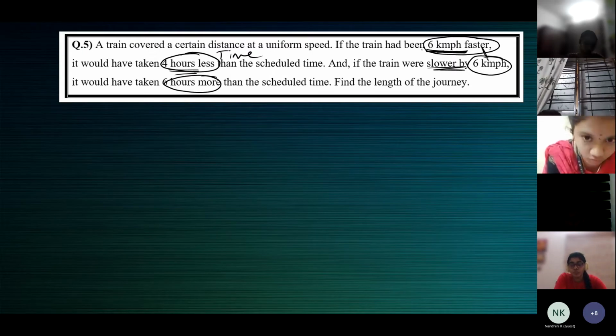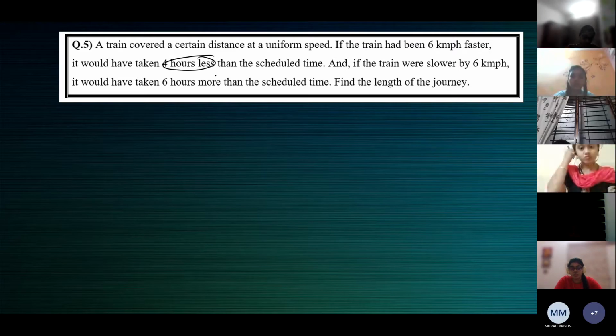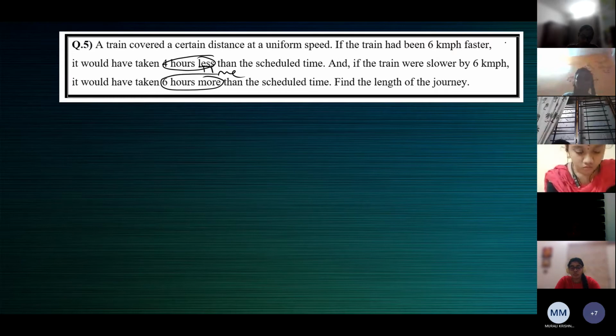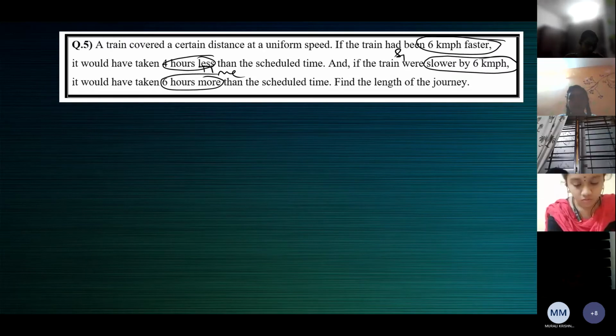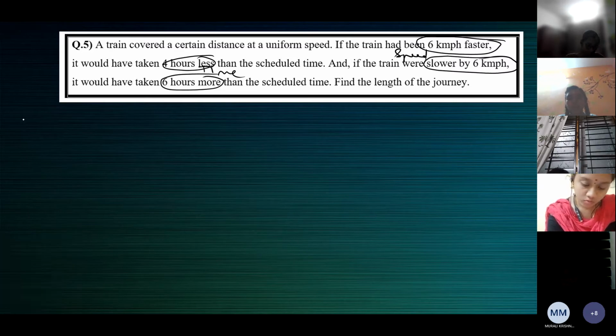These two indicate speed. So looking at the details given in the question, we'll go by this assumption.